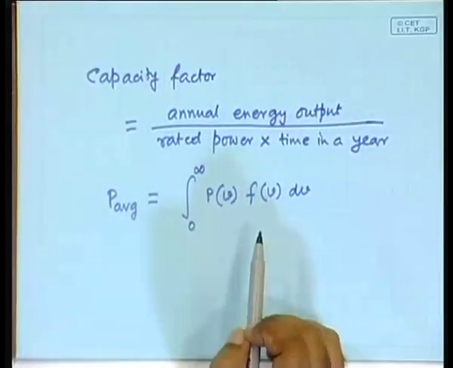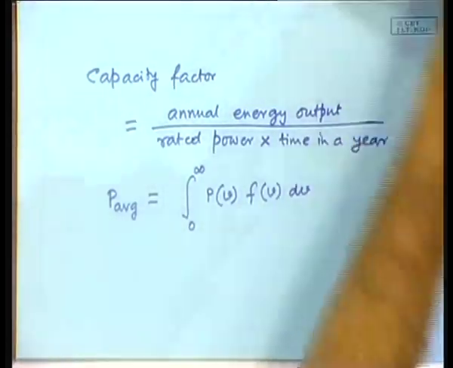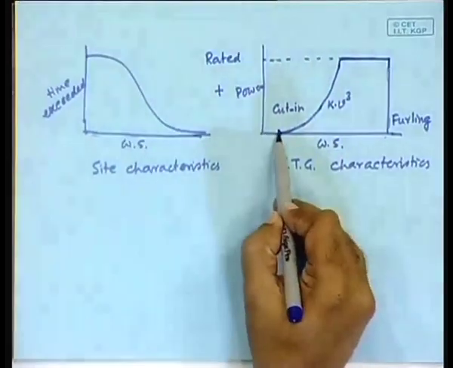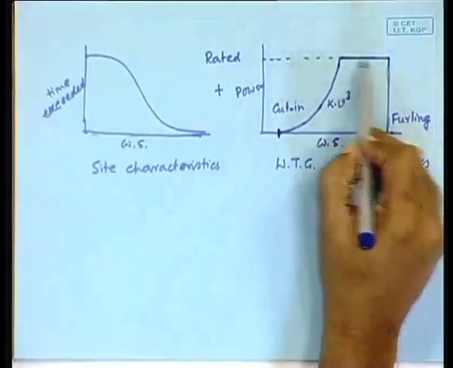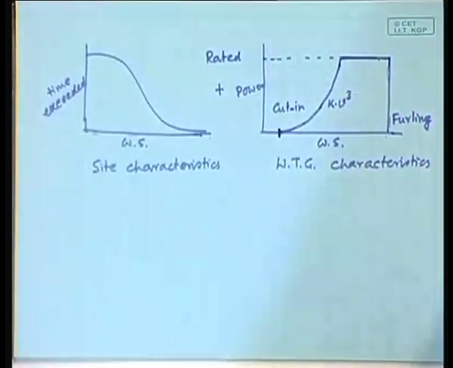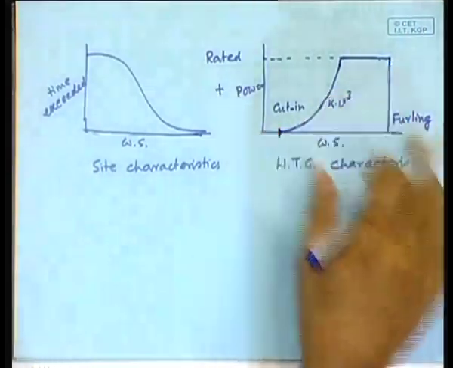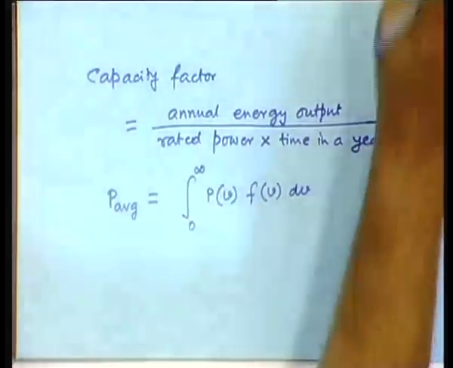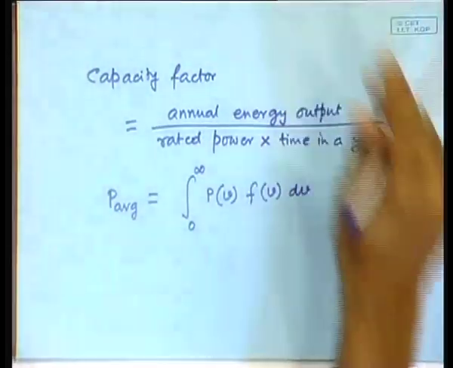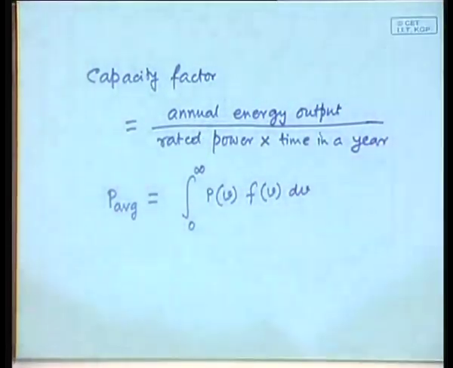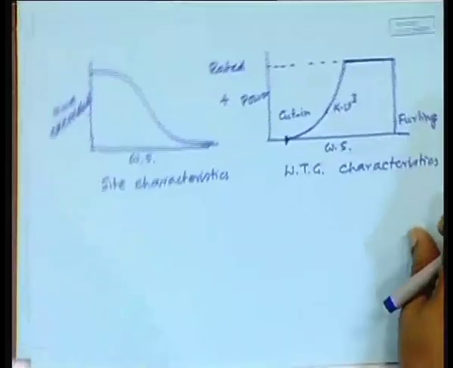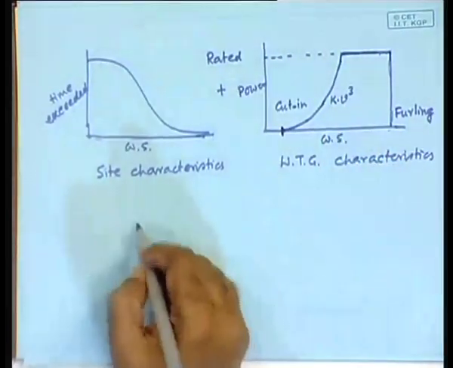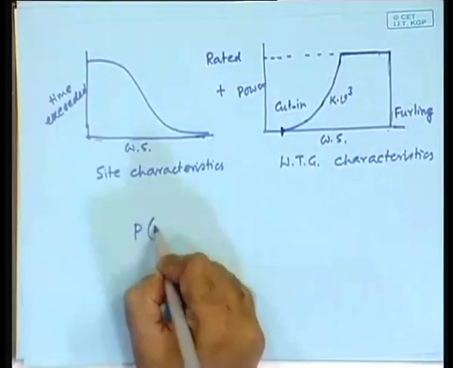but under the assumption that the characteristic is exactly of this type, that means below a certain speed there is no generation of power, after that it is exactly cubic, and after that it is exactly flat. If you assume that, then it can be somewhat analytically obtained, because if you have this characteristic, how much will be the P as a function of V?